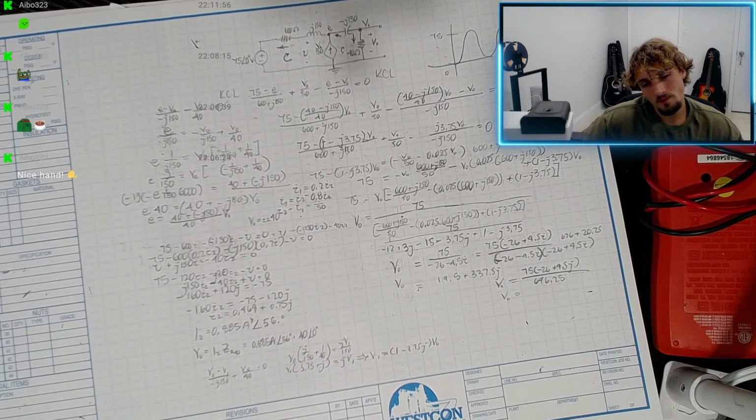Wait, what? That isn't right. We got over 50. KCL at node 1. That'd be V1. Oh man, I got the right answer though, so it must not be wrong. Wait a second.